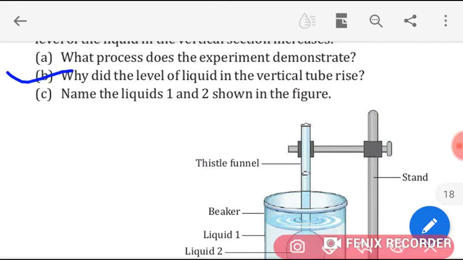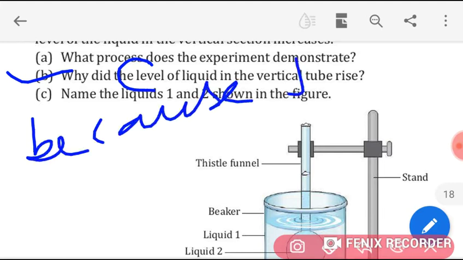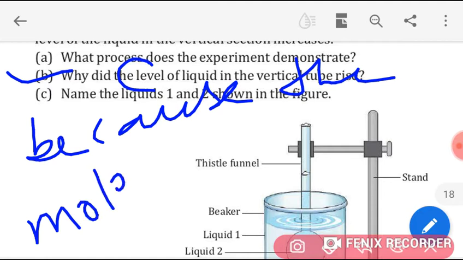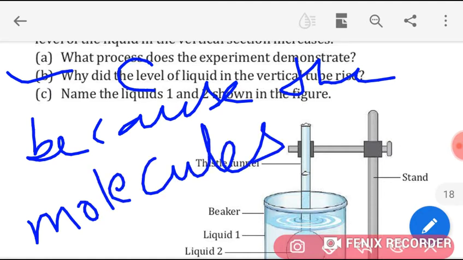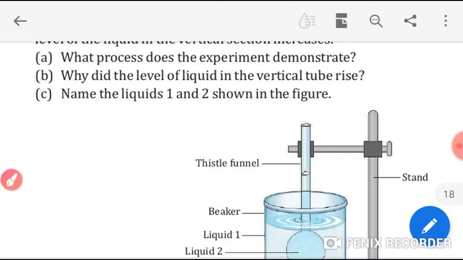Why did the level of liquid in the vertical tube rise? From here you will write: the level of liquid in the vertical tube rises because the molecules of water move towards the sugar solution through the goat's bladder.